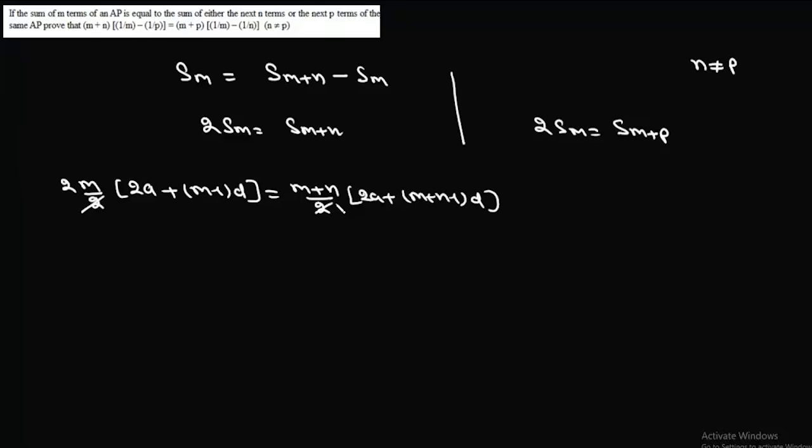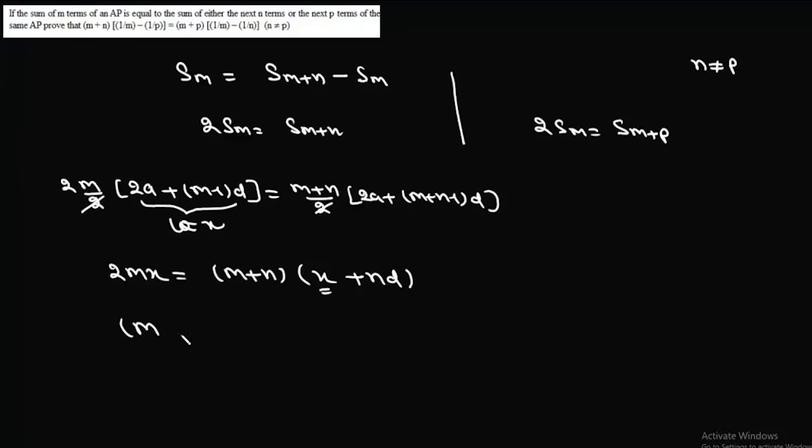What we'll also do is let this 2a plus (m minus 1) d be x. So we can write 2mx will be equal to (m plus n) into (x plus n into d).